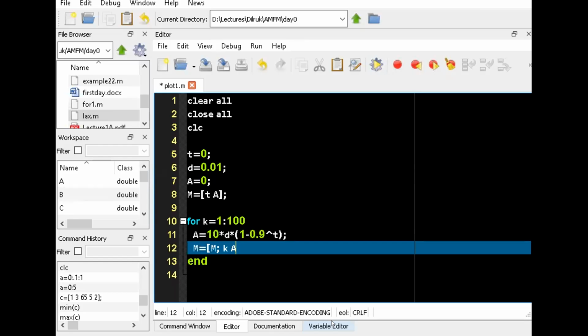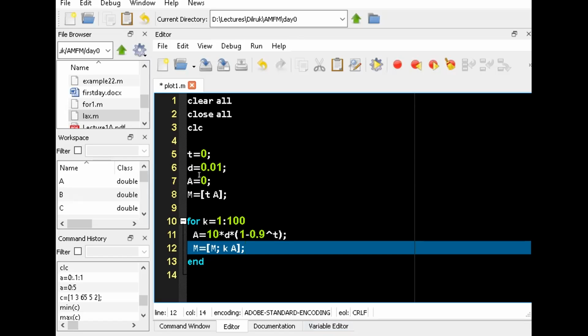All right. I don't want to see the output, so I add a semicolon at the end. Let's try to understand this. When k is equal to 1 we have a sub 1. Initially we have 0, 0 here.